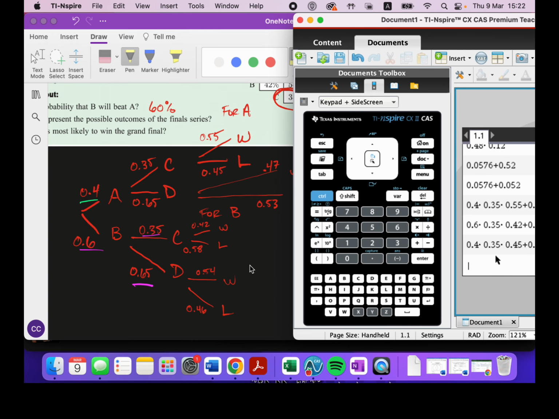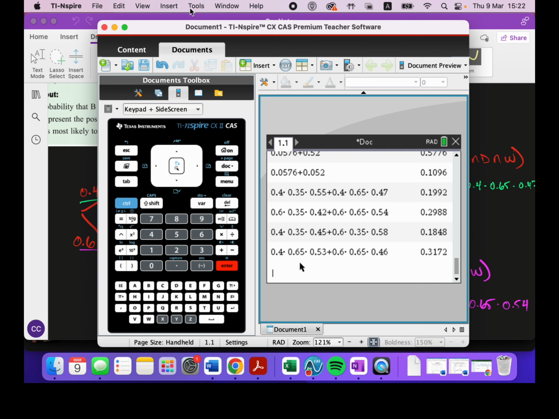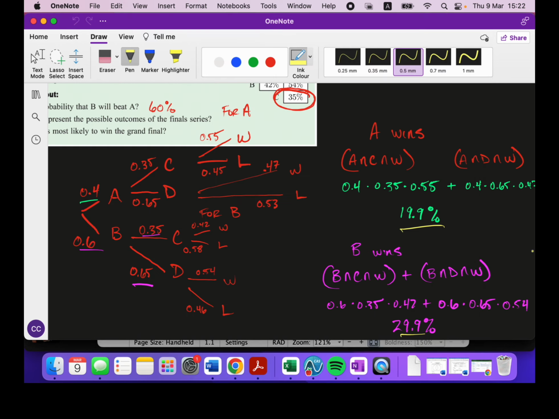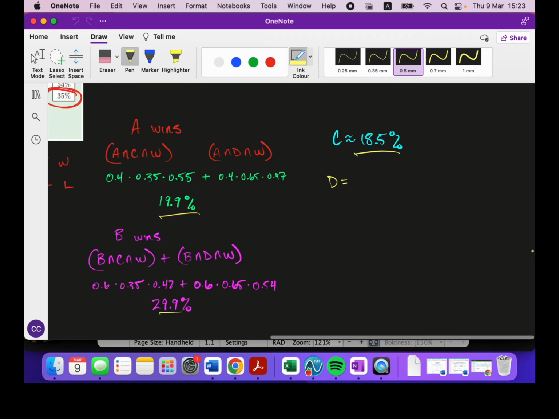So in order for D to win, A has to win, times D has to be there to play them, times 0.53, which is the chance that A loses, hence D wins, and then 0.6 times 0.65 times the probability that B loses, which is 0.46. And that would give me 31.7%. So D is about 31.7%.